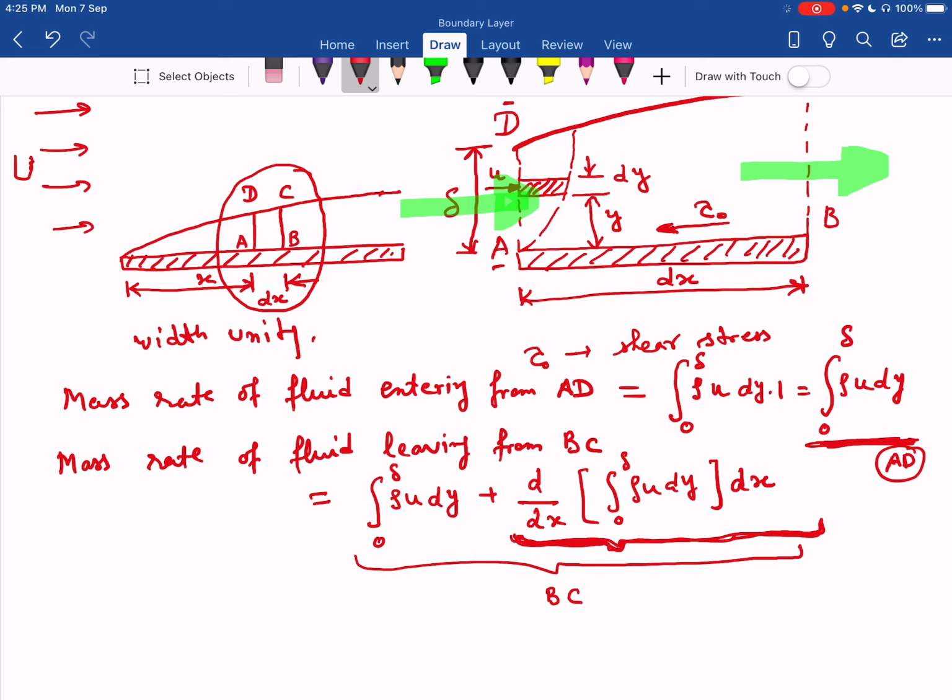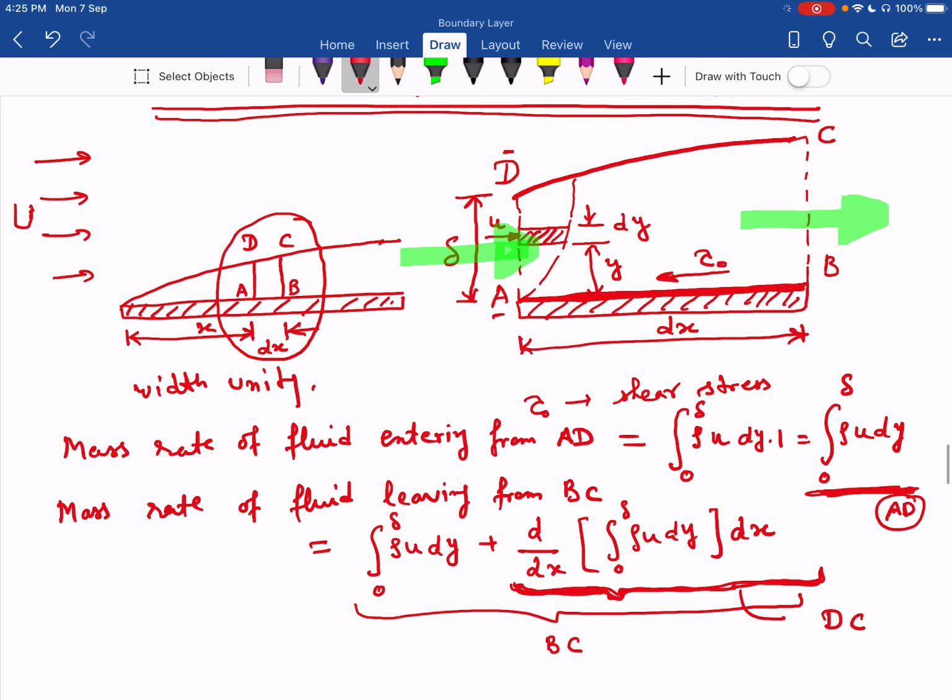So this will enter from the only one surface, that is DC. At the bottom you have the solid plate. This plate is the solid, so no fluid can enter from this surface. So that means from here some fluid will enter. So that's why in this term this increase takes place.